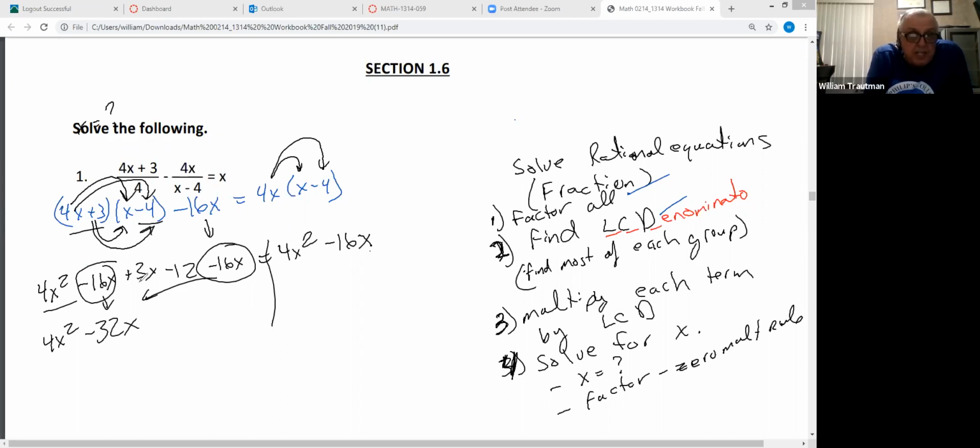Oh, and I have a plus 3. So I have minus 16 plus 3. I didn't even see that. Is a negative 21. Negative 21x. Minus 16 plus 3 minus 16 is a negative 21. And then I bring this minus 12 here.